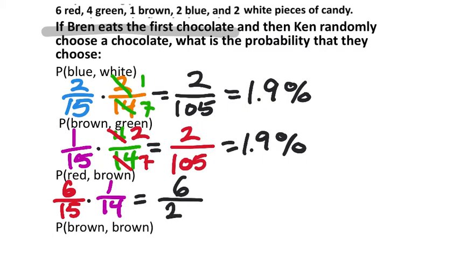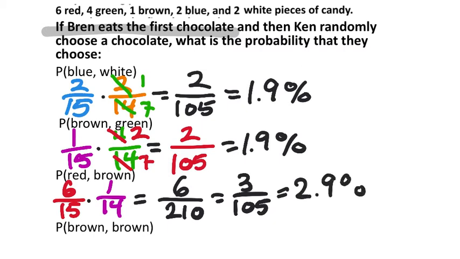Well, it looks like we could have simplified that. Yeah, the 6 and 210 are simplifiable by 2, which would make this 3 over 105. So what is 3 over 105? Let's find out. As a decimal, I get 0.028571429, which as a percent would be 2.85, so I'm going to round that up to 2.9%.